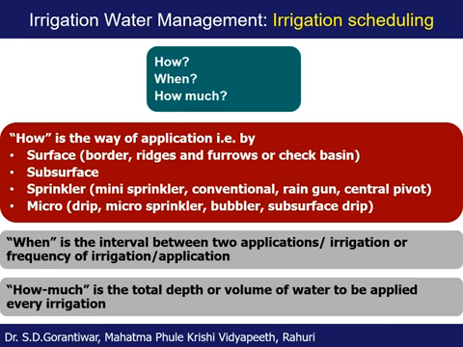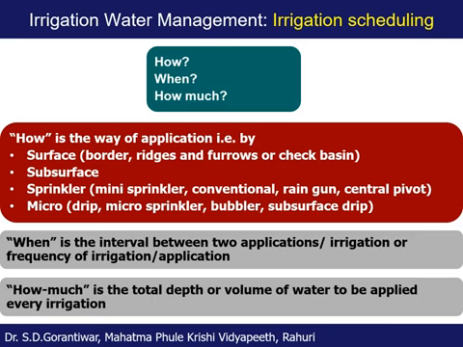Okay, so in short, irrigation scheduling is how to irrigate, that is irrigation methods, when to irrigate, that is the frequency of irrigation, and how much to irrigate, that is deciding or applying the volume of water or depth of water at every irrigation.